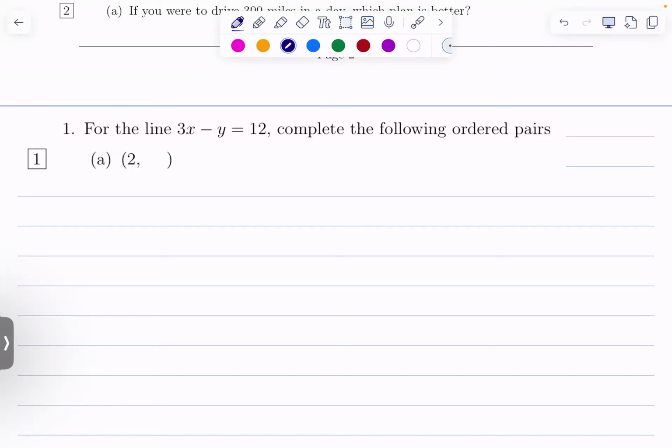For the line 3x minus y is equal to 12, complete the following ordered pairs. Of course, it implies that you know how to read these ordered pairs.